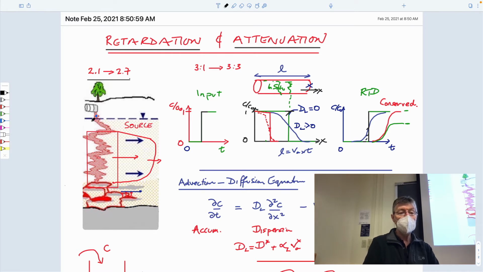If it's an LNAPL, it might be due to the buoying of the water table. But regardless, you end up with some distribution of component within the pore space. It doesn't completely fill the pore space. Some of it is water filled, some of it's NAPL filled, and therefore it allows water to flow through it according to what we know about relative permeabilities.